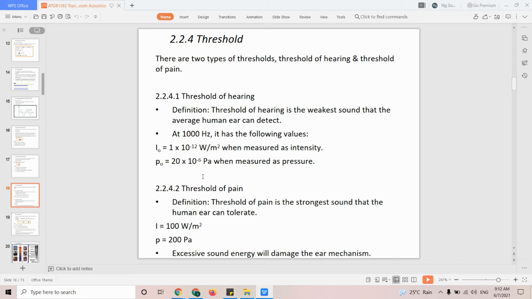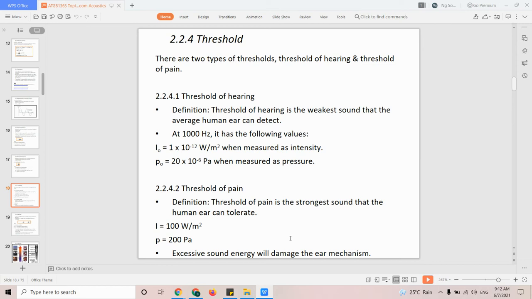And then the threshold of pain is how loud a sound we can perceive. If you go any further, it will actually damage the ear mechanism, as you've seen in the video lah, because our human body has a very delicate system of hearing.